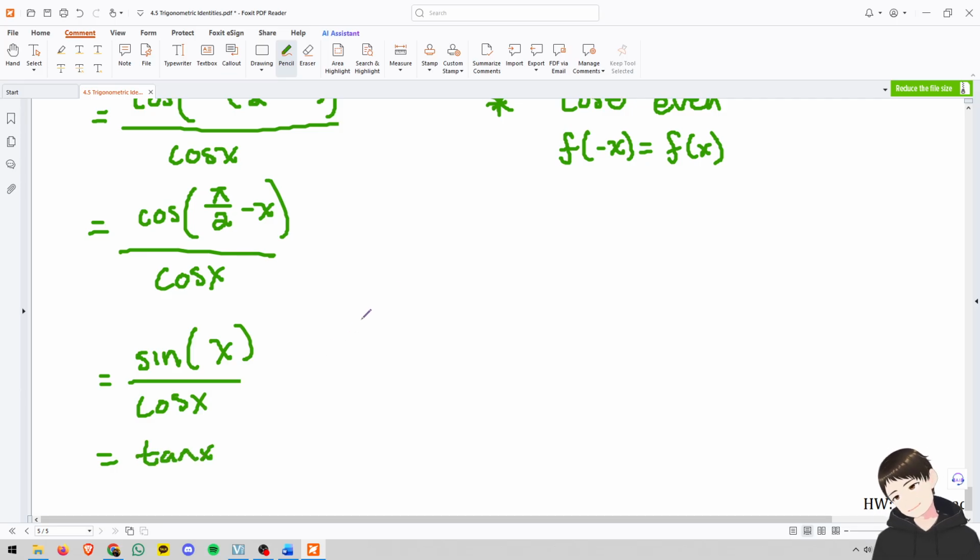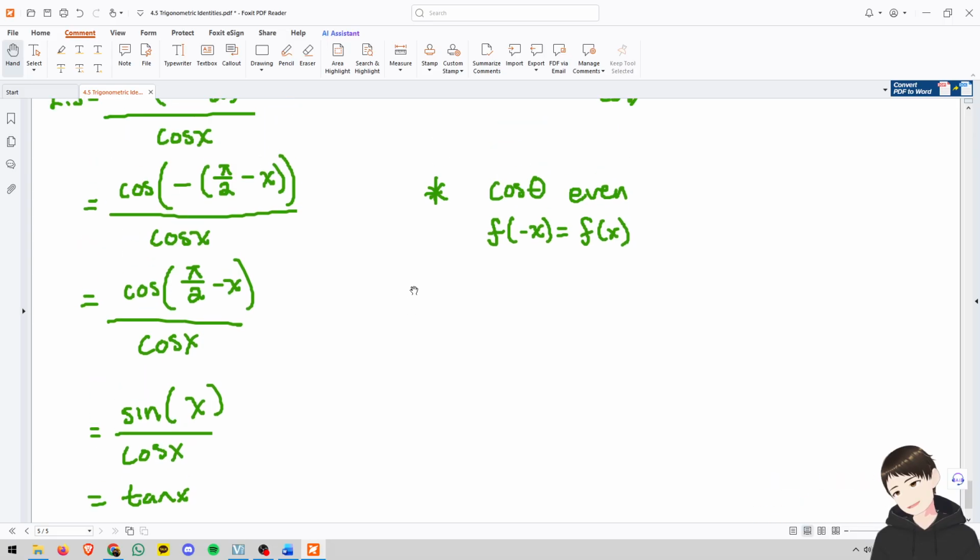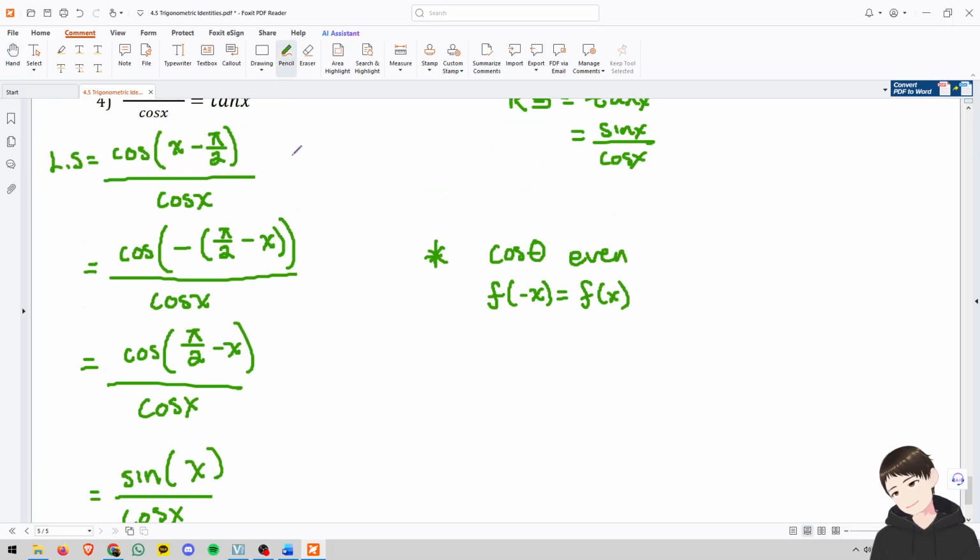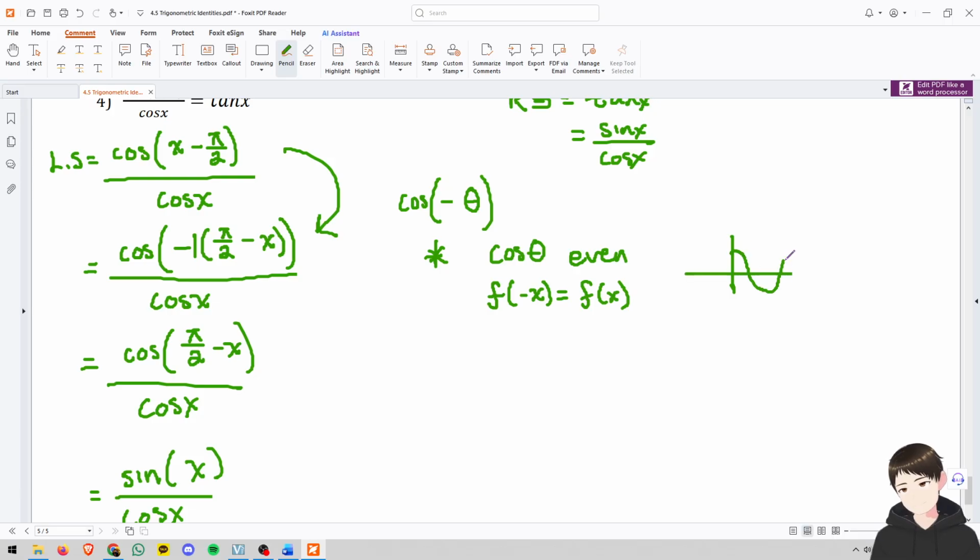I probably lost some of you, but consider this one more time. I factored out a -1, which you should be able to follow. Since that's a -1 multiplying with some angle here, that's like cosine of a negative angle. A negative inside the function is equal to the same positive value inside the function, because the cosine function is even.